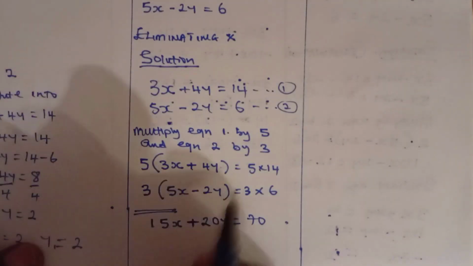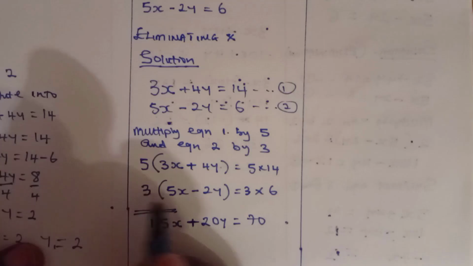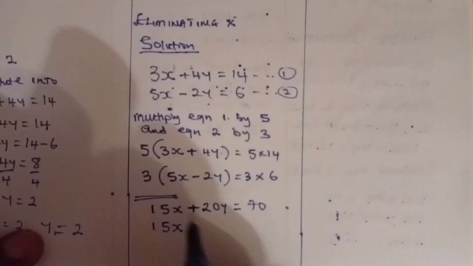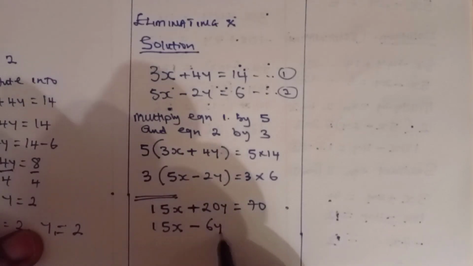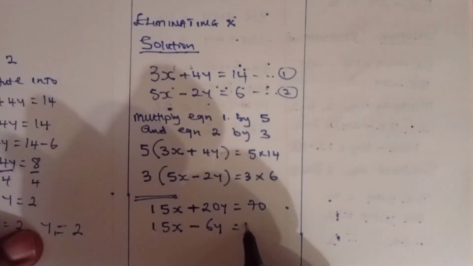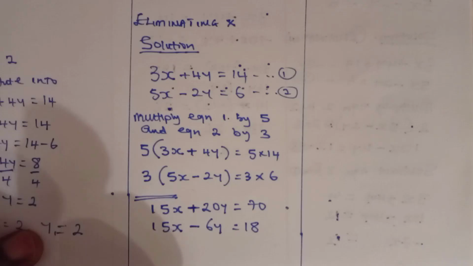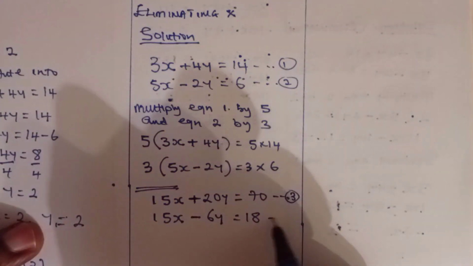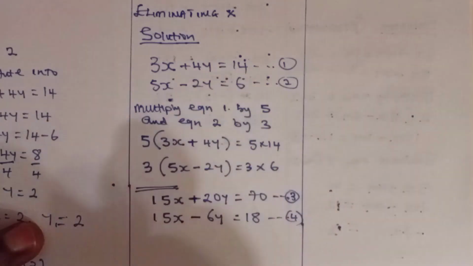Now we're going to also open this bracket. So 3 times 5x is going to give us 15x. And then 3 times minus 2y is going to give us minus 6y, equals 3 times 6 is going to give us 18. Now this is equation 3 and this is equation 4.